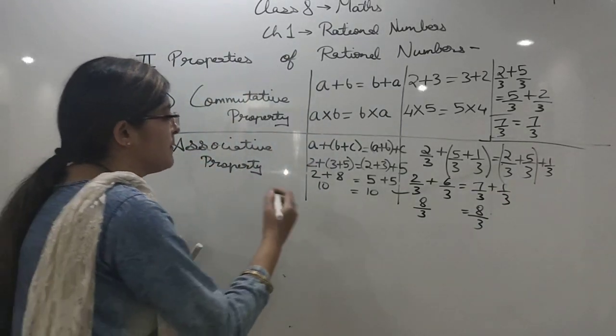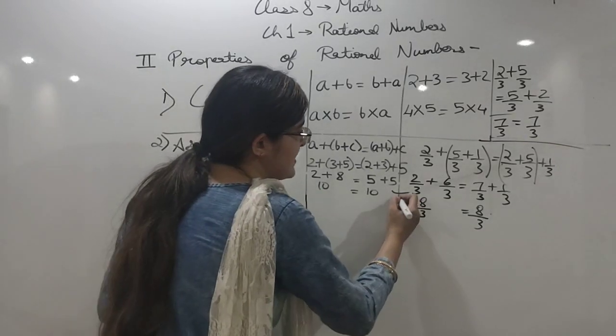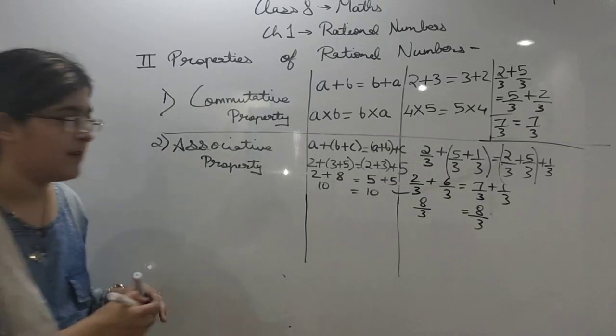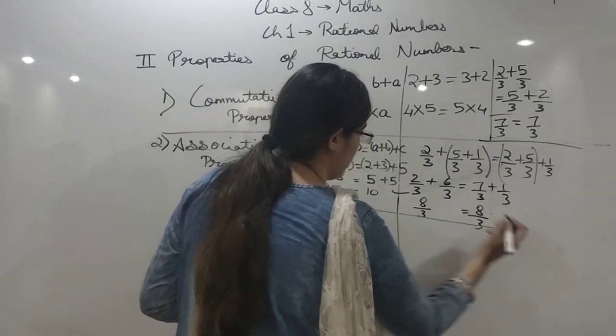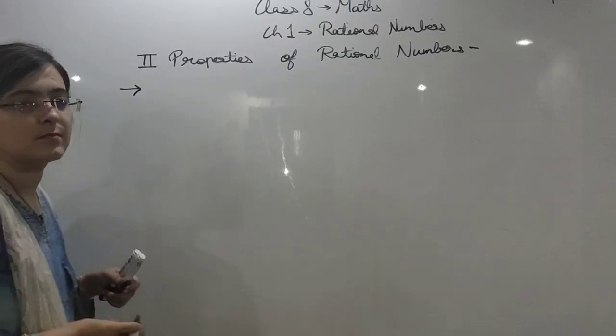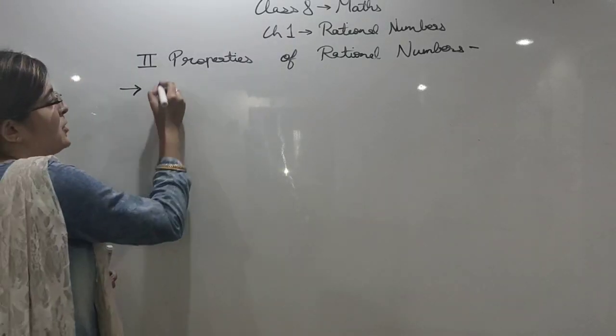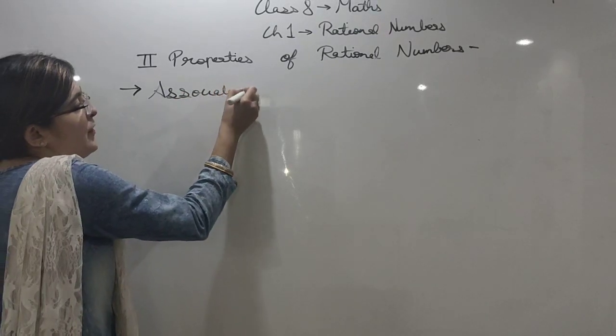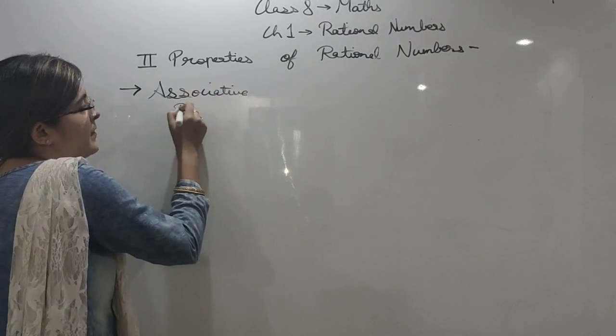Now let's see the multiplicative property of association, which is A into. So we were continuing it from associative property of multiplication.